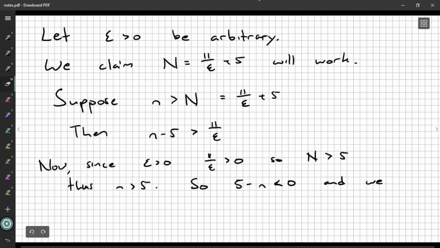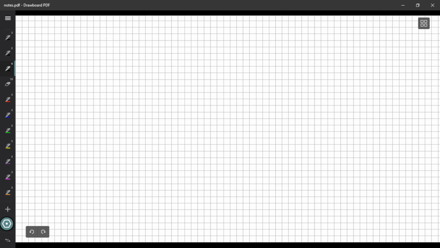And we see the absolute value of 5 minus n is n minus 5. Okay, so I can take this n minus 5 here and replace it with the absolute value, because we need it to be 5 minus n for more of our work.